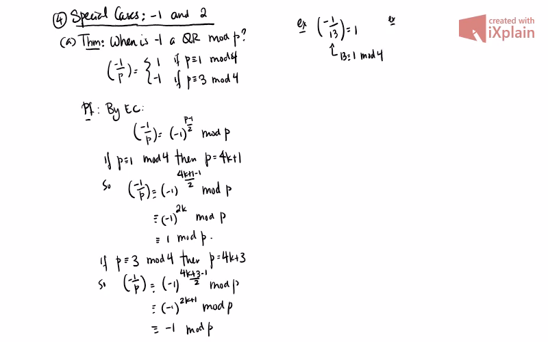Whereas something like negative 1 over 15: 15 is congruent to 3 mod 4, so this is negative 1. So negative 1 is a quadratic residue mod 13. Or if you prefer, 12 is a quadratic residue. It is a perfect square.